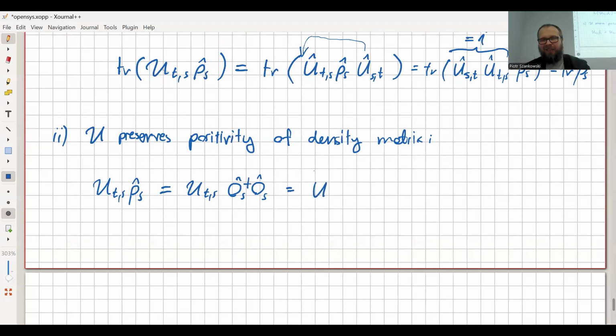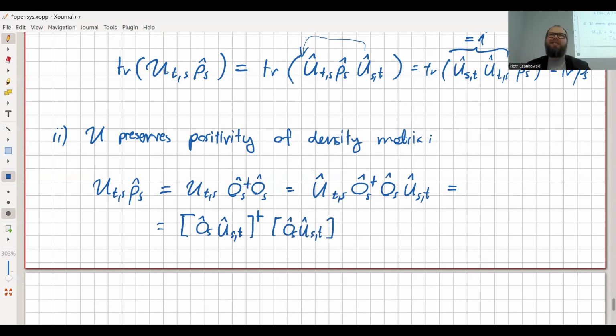And again, we can use our identity with evolution operators. Okay, but this, if you notice, I can write as square root of rho_S U_ST dagger times square root of rho_S U_ST, which has the form of operator dagger times the same operator, right?